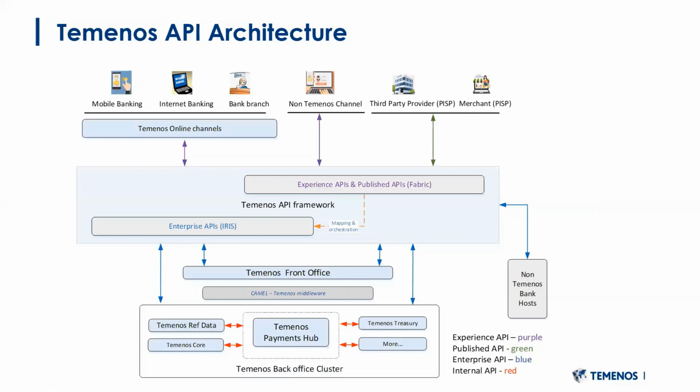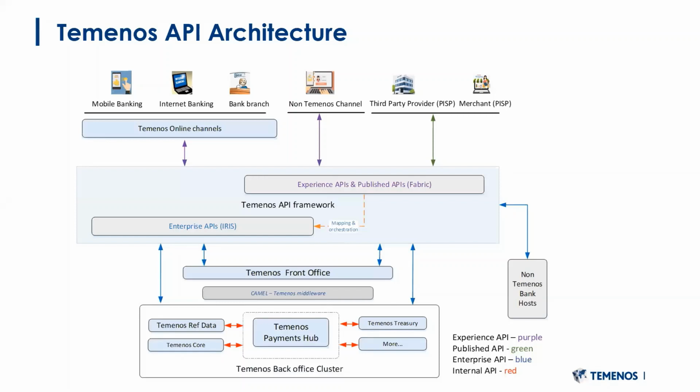So you can see that Temenos online channels come through experience APIs. Non-Temenos channels, let's say the bank doesn't buy the Temenos channel, they've got their own channel, would typically be calling our experience APIs. And the regulatory parties like PISP or merchant PISPs, they're calling published APIs.